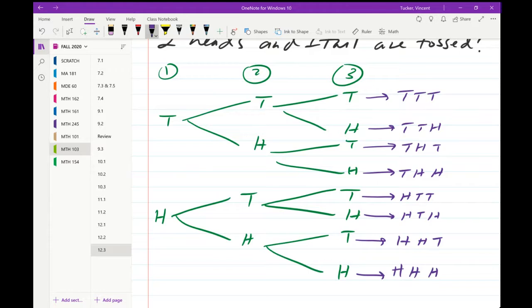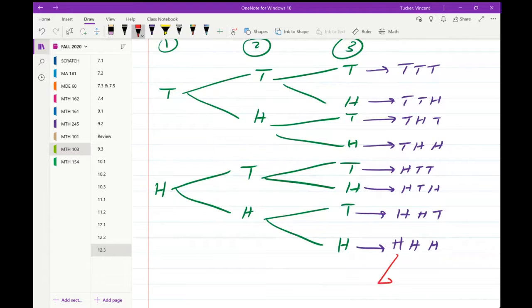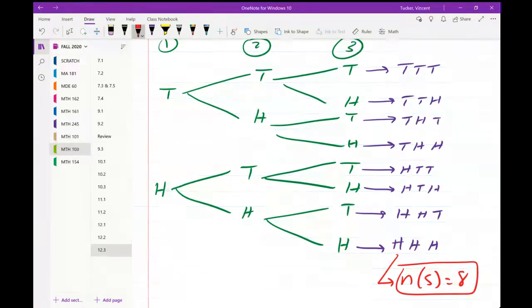All right, so we have our 8 possible outcomes. Tails, tails, tails; tails, tails, heads; tails, heads, tails; tails, heads, heads; heads, tails, tails; heads, tails, heads; heads, heads, tails; and heads, heads, heads. So we have 8 possible outcomes.